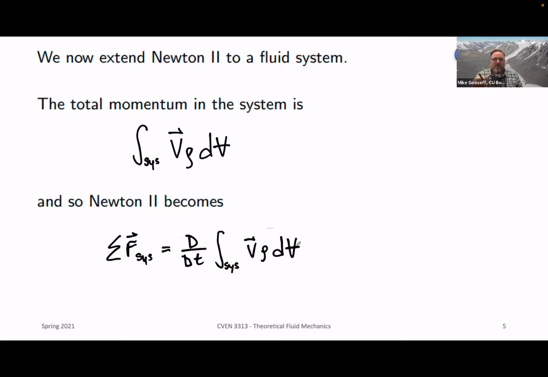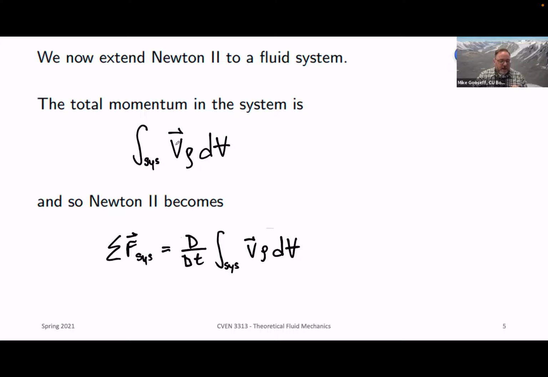And now we've just looked at how that's stored within a system. So we went from a particle to a system context, but again, we're essentially looking at the integral of rho dV giving us all of the mass within a system, and we can look at how that mass has some velocity component to it to invoke momentum here.